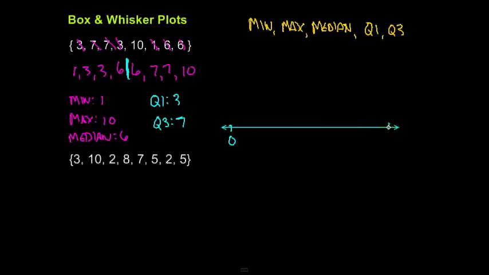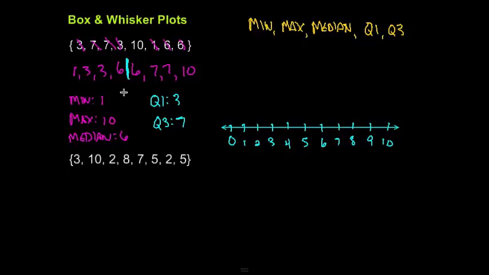This is 0, this will be 10, then 5 would be here, and then we break these up: 1, 2, 3, 4, same kind of thing over here, 6, 7, 8, 9, and 10.